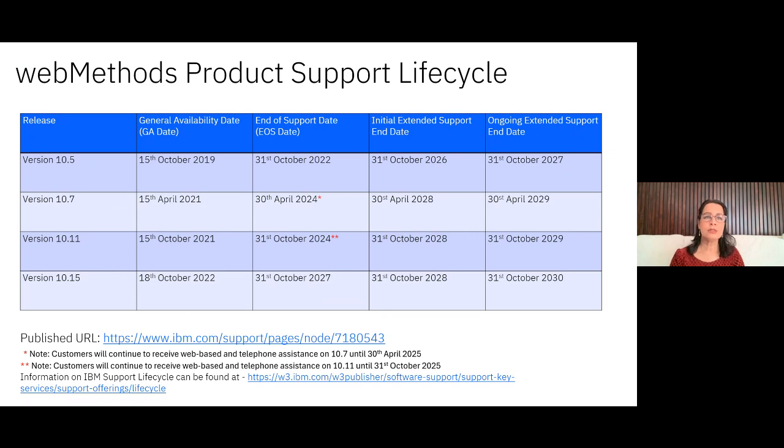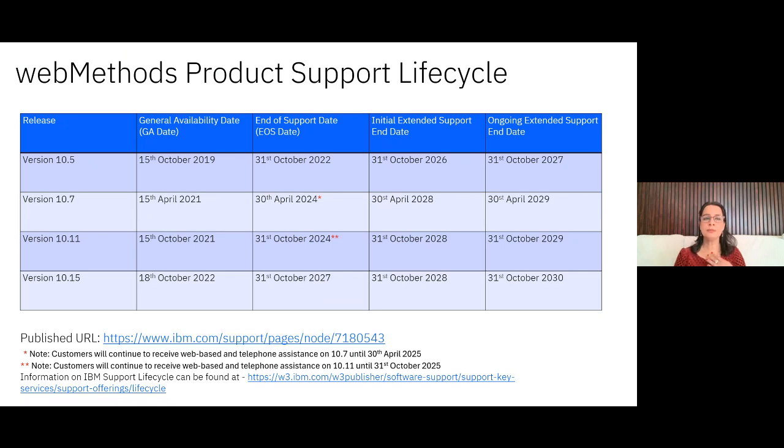What it also adds here is the initial extended support and ongoing extended support dates. The way I'll explain this is initial extended support includes your support for usage, and existing and new critical bug fixes are covered as part of that cycle. So basically, till that initial extended support date, you will be getting fixes, any security updates, and so on.